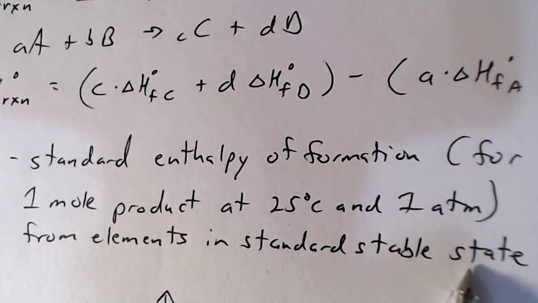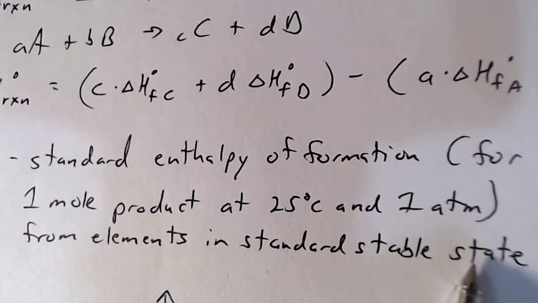So the enthalpy change to form maybe a mole of carbon dioxide from carbon in its standard way that it normally exists at room temperature. That's coal, solid. It's graphite. And then also oxygen, the normal way it exists at room temperature as well, O2 gas.